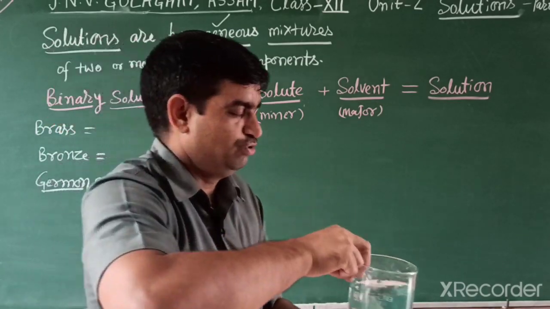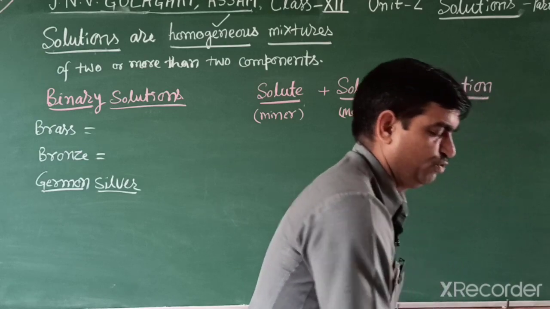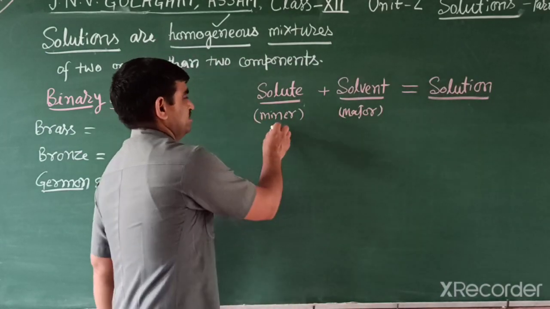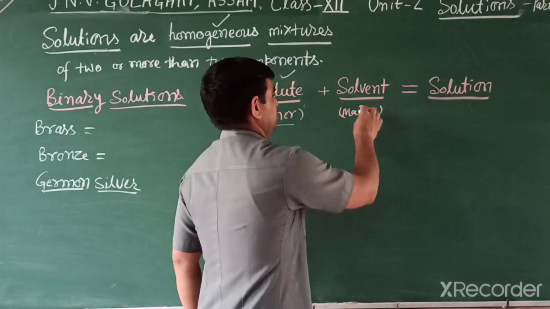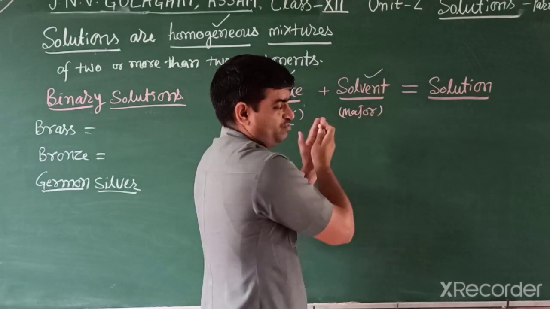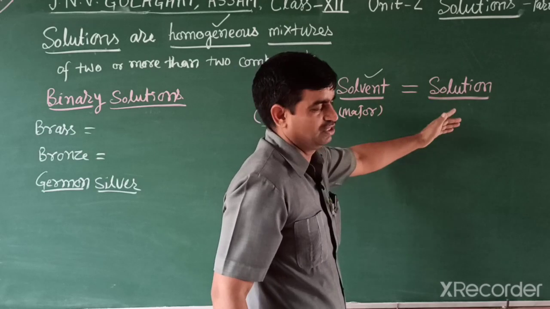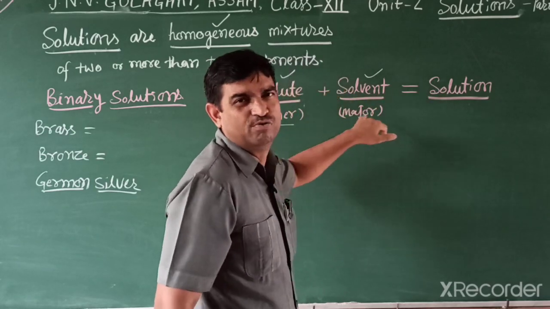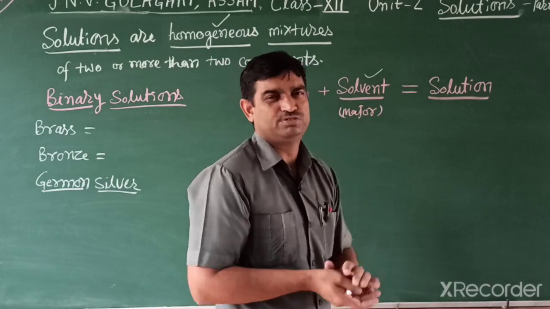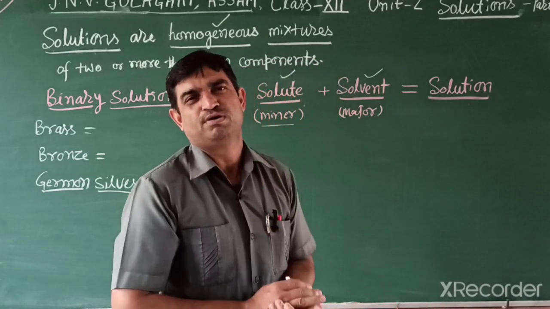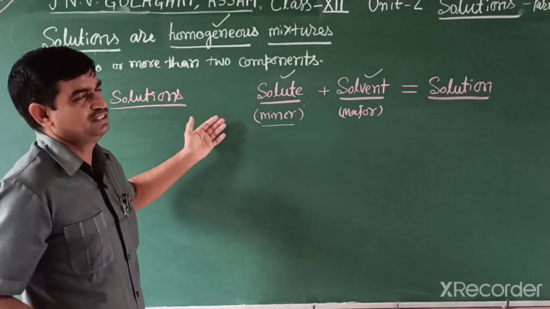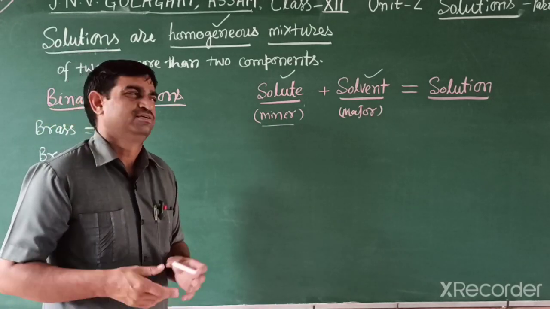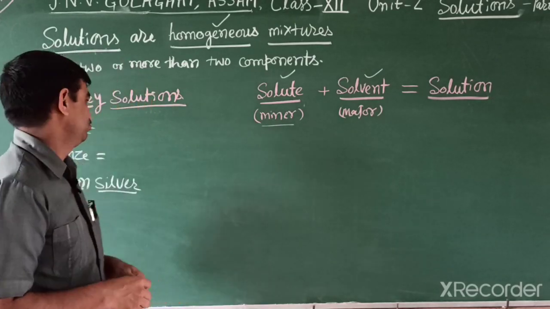In a binary solution of two components, the component present in the minor amount is known as the solute, and the other, the major component, is the solvent. When we combine them, we get a solution. So a solution is a homogeneous mixture. Homogeneous means throughout uniform composition. You already studied this definition in 9th class and earlier classes.